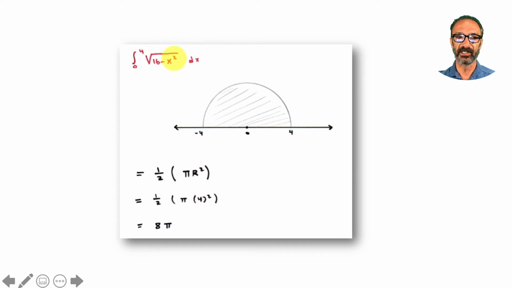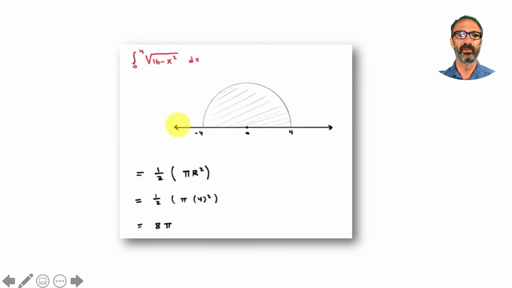And if you want to see this is a circle, write it as y equals the square root of 16 minus x squared, square both sides. I get y squared equals 16 minus x squared. And when you move the x squared, you'll end up with x squared plus y squared equals 16. That supports that the radius is 4.